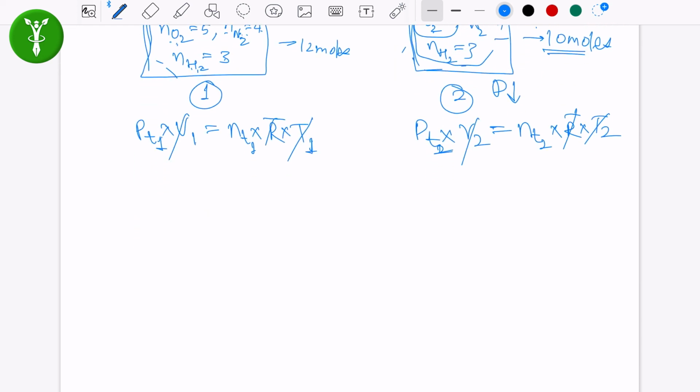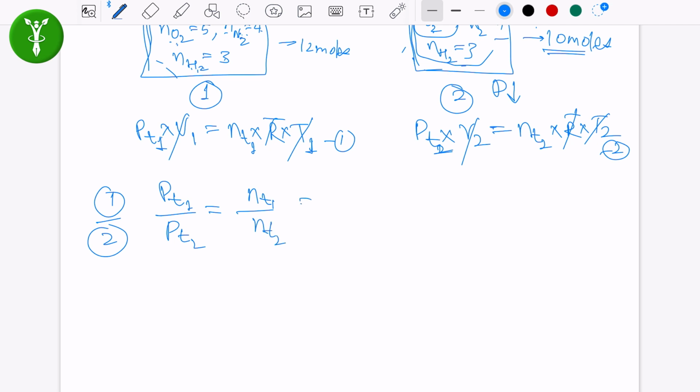R bar cancels, and only this remains: P_T1 over P_T2 equals N_T1 over N_T2. So this is known, this is known, this is known, only P_T2 is remaining. So we can write P_T2 as this.